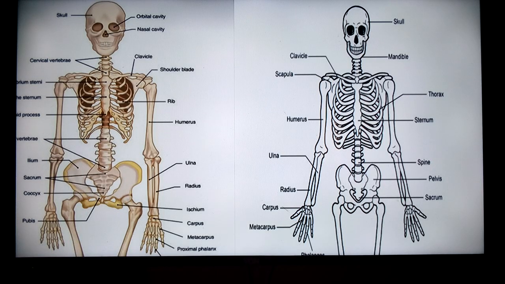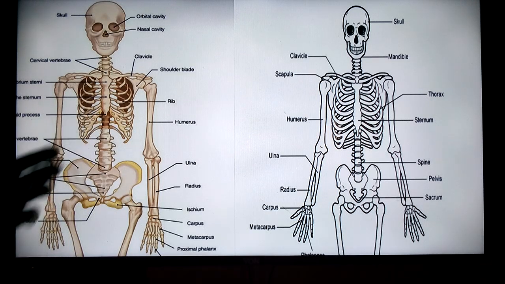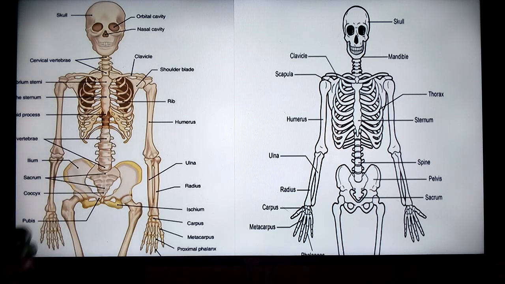I'm going to use these two images just for a rough mention of what we are going to discuss. Apart from support and movement, we said that the human skeletal system protects delicate organs like the lungs, the brain that is embedded in the skull, and other organs like the kidney, which we're going to see later.